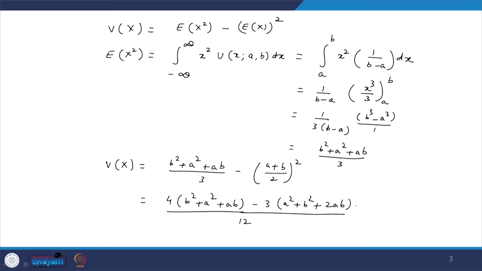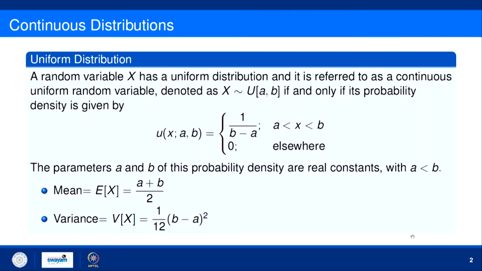This is equal to a square plus b square minus 6ab plus 4ab, that is minus 2ab, upon 12, which is equal to a minus b whole square divided by 12. So here b minus a whole square upon 12 is the variance and the mean is a plus b by 2. This is how we can compute the mean or variance of a uniform distribution function.